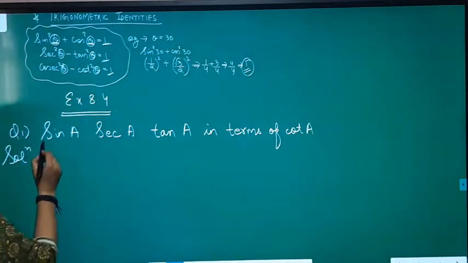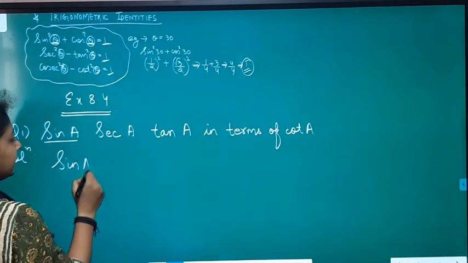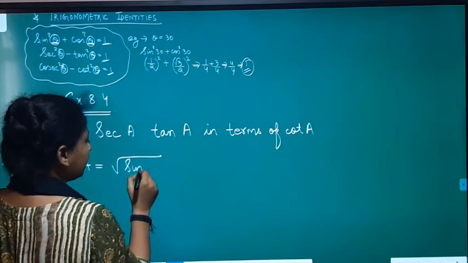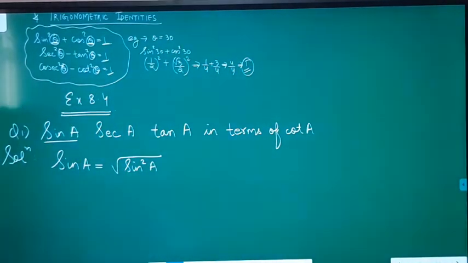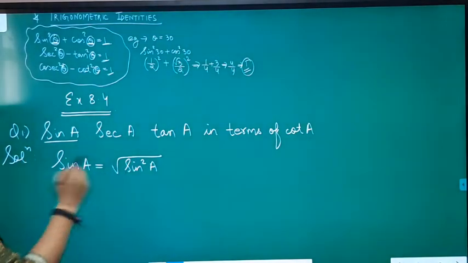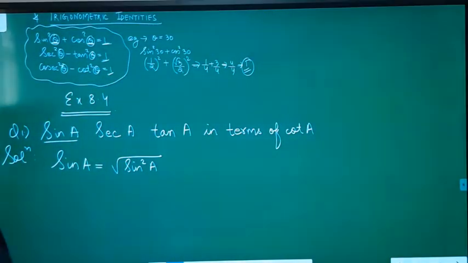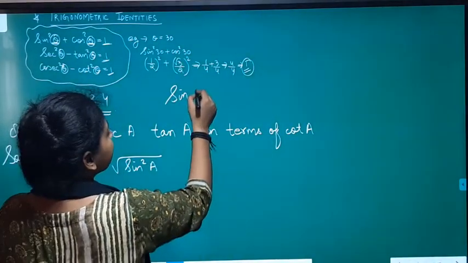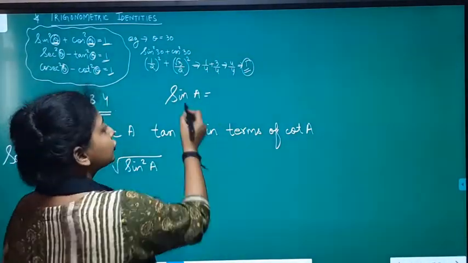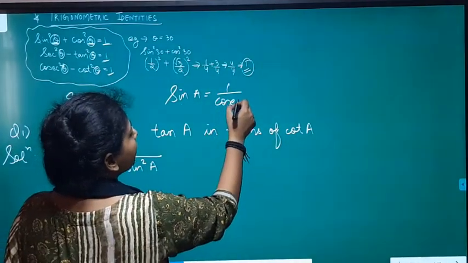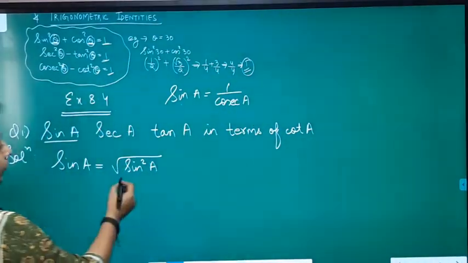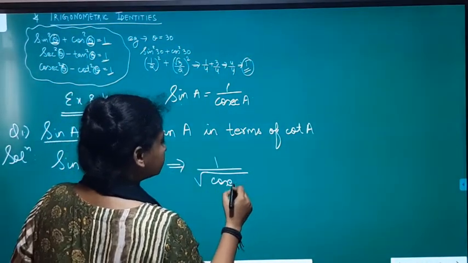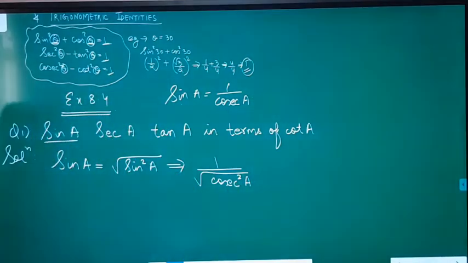Solution. First, we know sin A, we can write this sin A as under root of sine square A. Again, we know sin A is the reciprocal of cosec A. So sin A can be written as 1 upon cosec A. So from here we can write this as 1 upon under root cosec square A. Right?